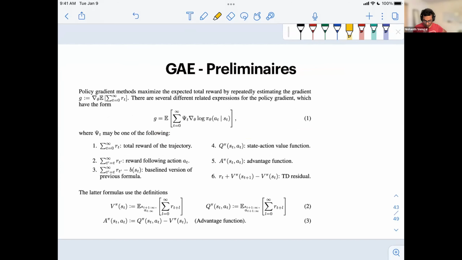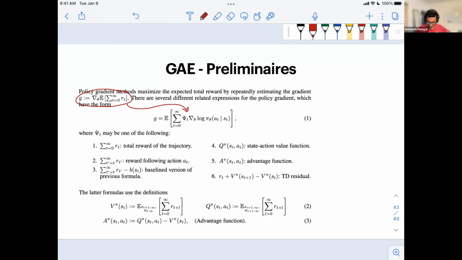Typically, what we want to do is maximize our objective function. In policy gradient, it is the discounted sum of rewards starting from a particular state. And this particular objective can take many different forms. Equation one gives a very general form, which covers all the different forms that you would see.